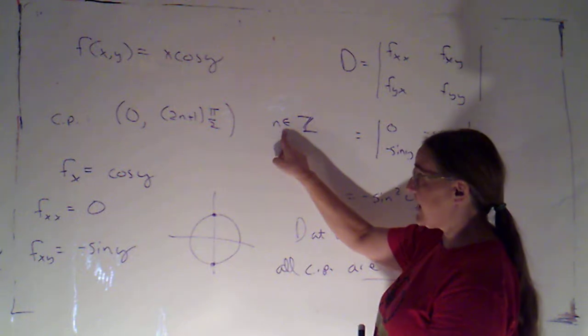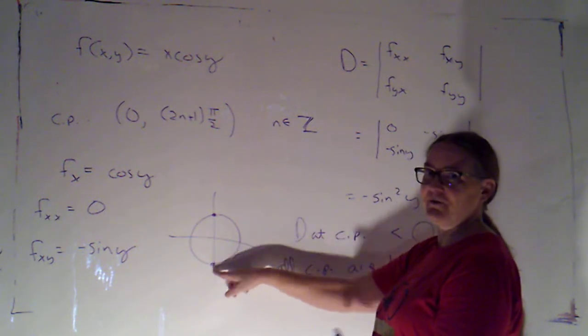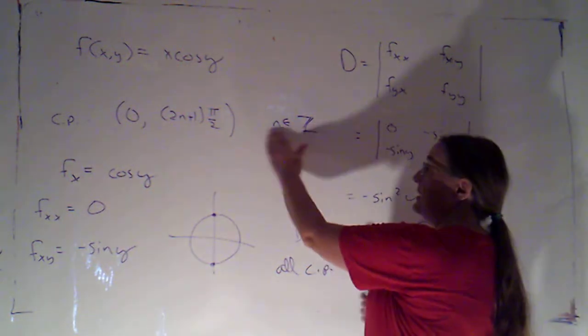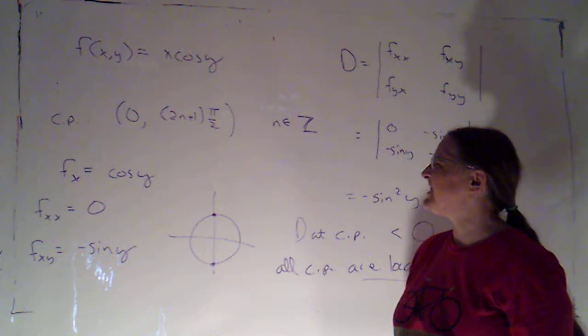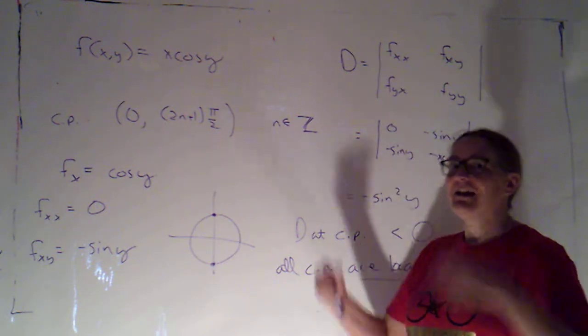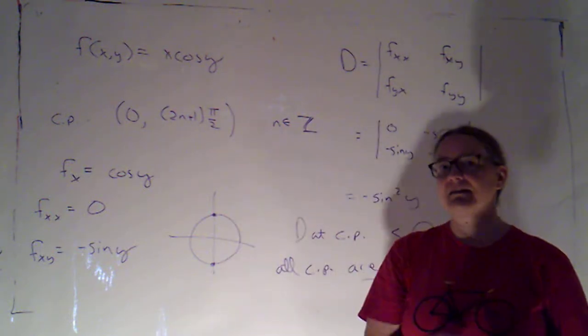Odd values of n would give me something coterminal with 3 pi over 2. So sometimes when you have infinitely many points that you're describing using some variable that usually takes on integer values, you may need to classify into subgroups: this set where n is an even integer and this set where n is an odd integer.